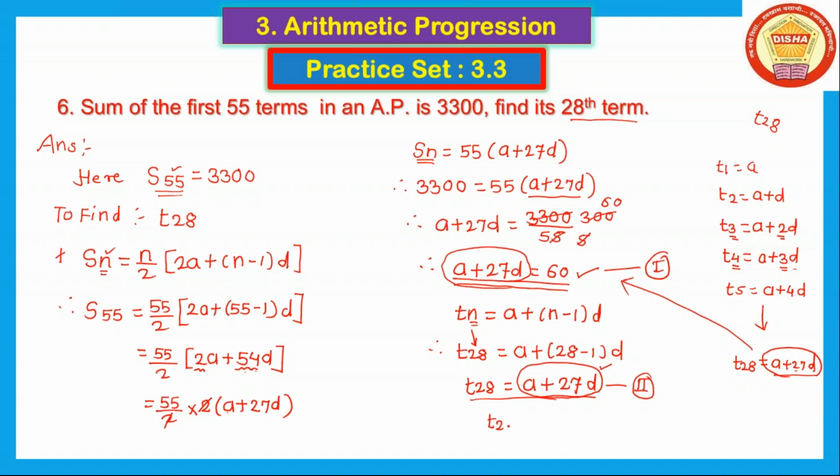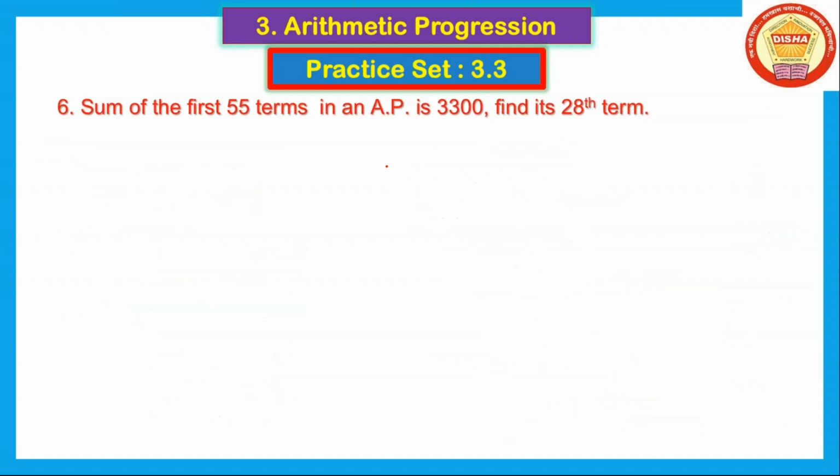So below that we write 28th term is equal to 60. This we take it from equation first. Means we can find the 28th term for a given AP when the sum of 55 terms is given. Then we take next question.